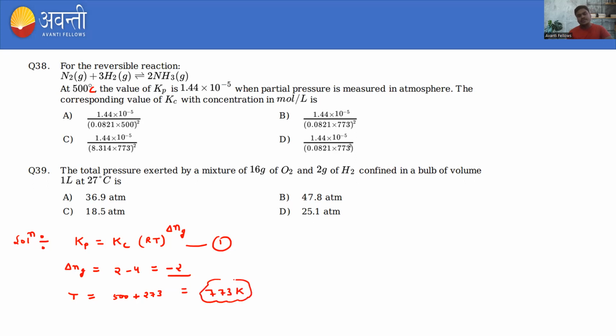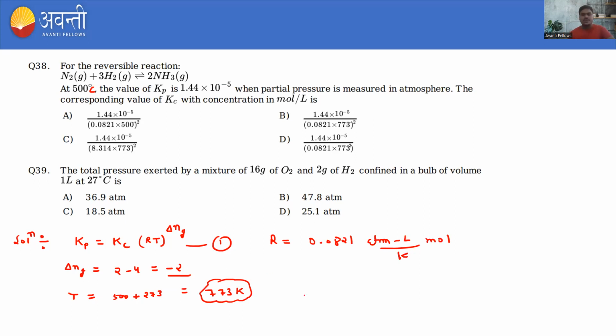Now we know that whenever the question is given, R is always taken as 0.0821, and the unit is atm liter per Kelvin per mole.